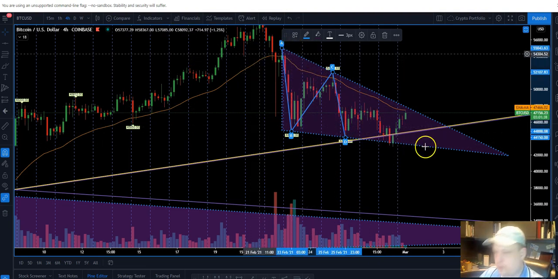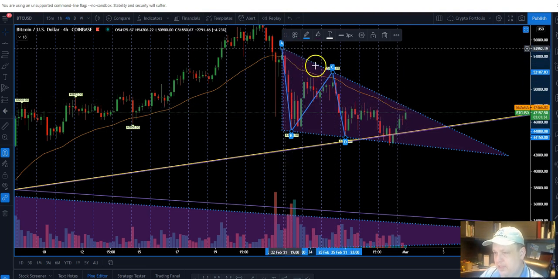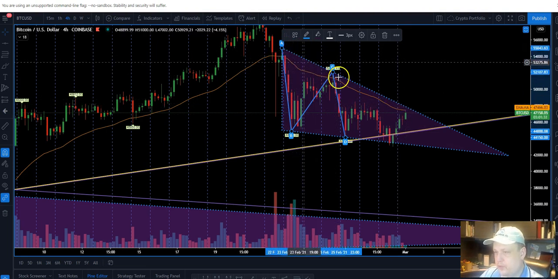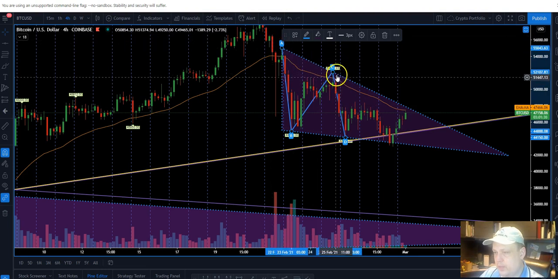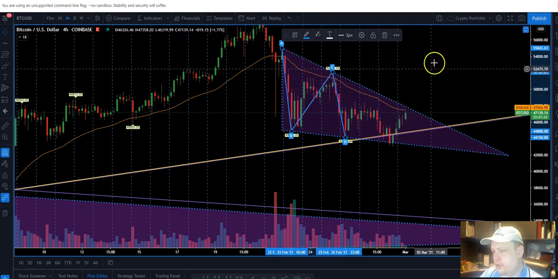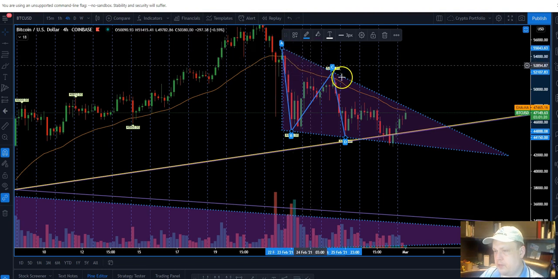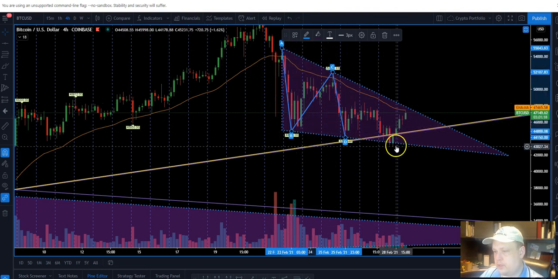I had thought this broken out, but really you want to wait until it comes out of here. I mean, this is the low risk approach, right? If you consider the wicks as opposed to the bodies, then if it passes the wicks, it truly is a breakout. And you just got to be consistent. If you do the bodies, do the bodies. If you do the wicks, do the wicks.